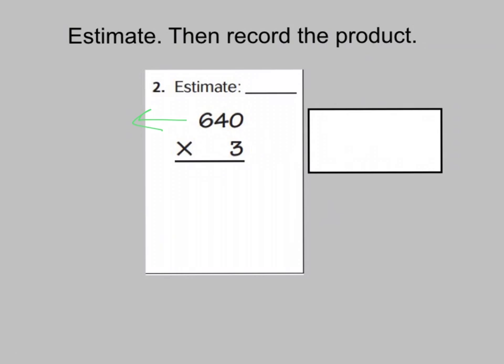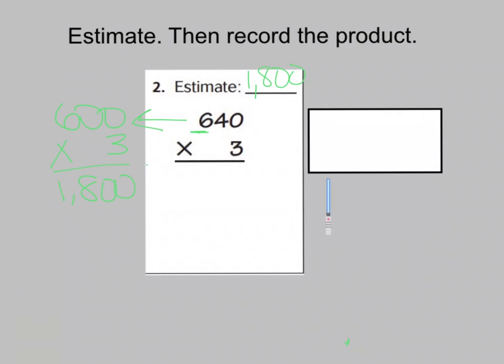I know that that rounds to 600, multiplied by my 3 is going to give me 1,800. So my estimate, if I were to multiply 640 times 3, is 1,800.